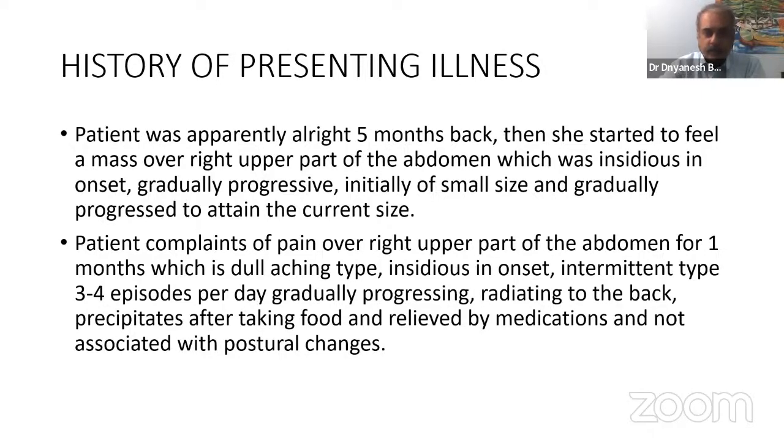You mentioned that the patient was apparently all right 5 months ago, then she started to feel a mass. What do you mean by feel a mass? Was she feeling a sense of heaviness in the abdomen, or was it a painful thing? We cannot use arbitrary terms like feel or mass over the right upper part of the abdomen. That is one part. Second, you have mentioned it is gradually progressive.